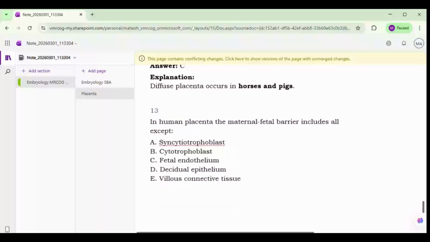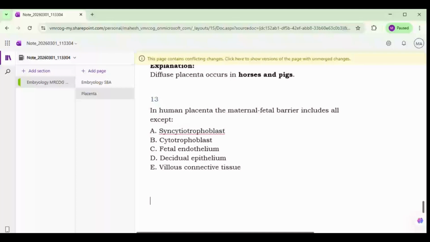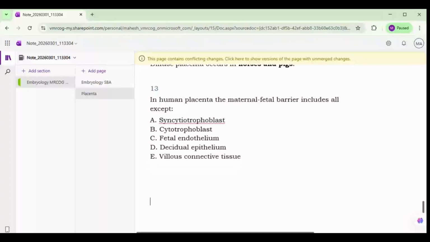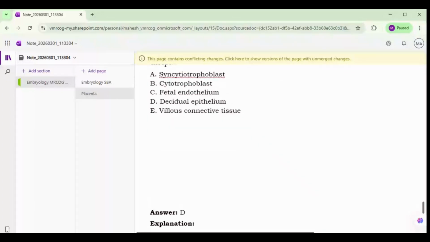In human placenta, the maternal fetal barrier includes all except: syncytial trophoblast, cytotrophoblast, fetal endothelium, decidual epithelium, villus connective tissue. The answer is decidual epithelium, because that will not come in as a barrier.